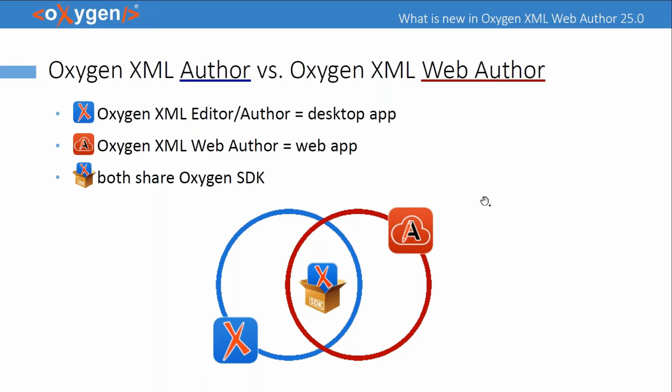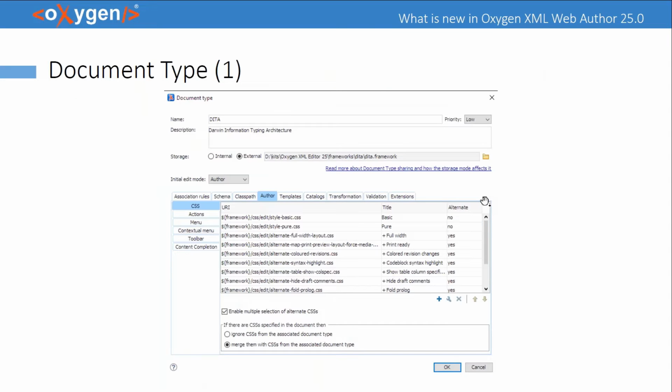Okay. Now a few words about the document type. Here you can see a picture from the Oxygen XML Editor, more precisely from the document type dialog. This is a screenshot from the DITA framework. So here you can see how the DITA framework was configured.